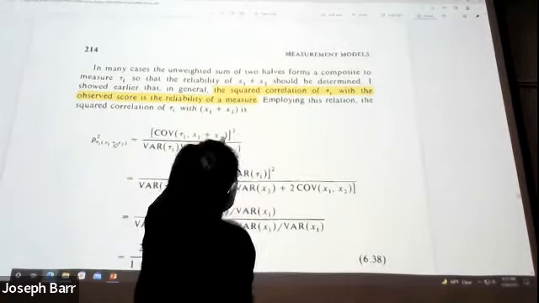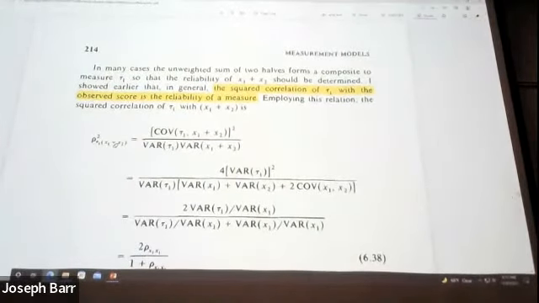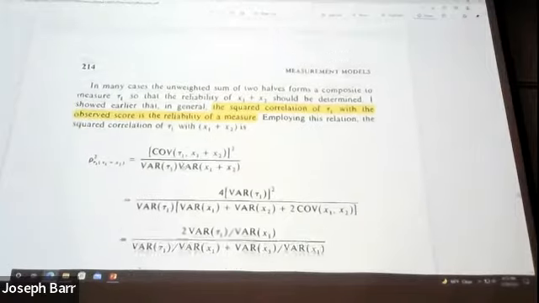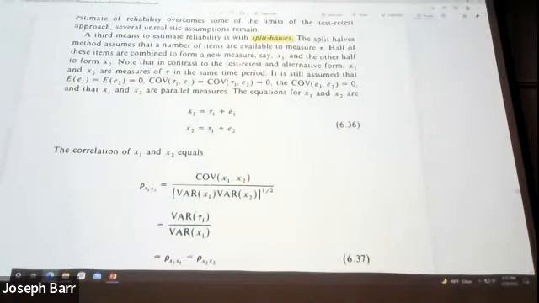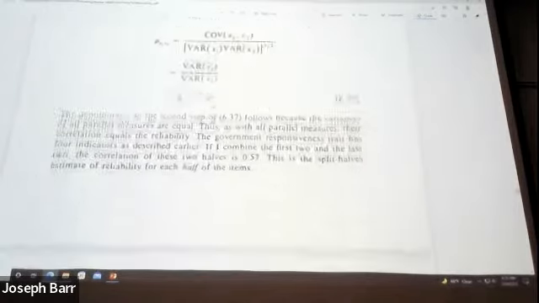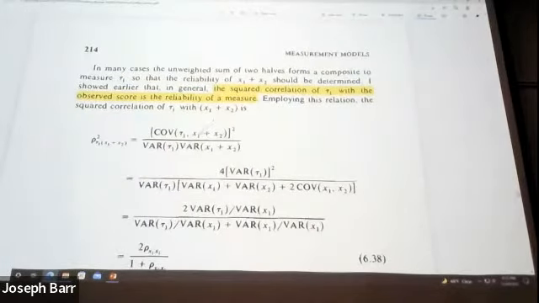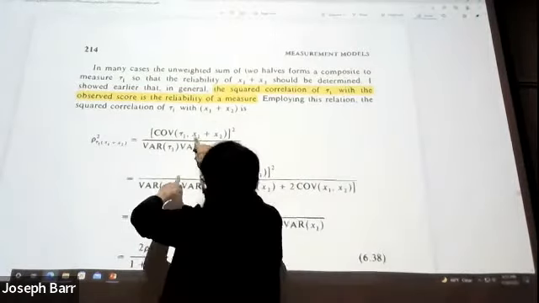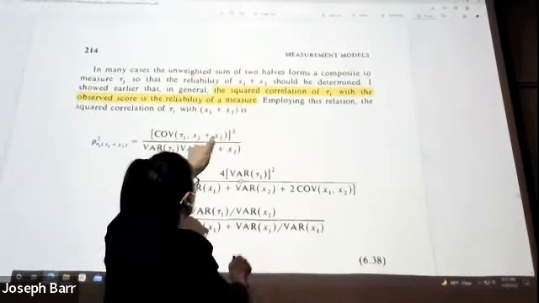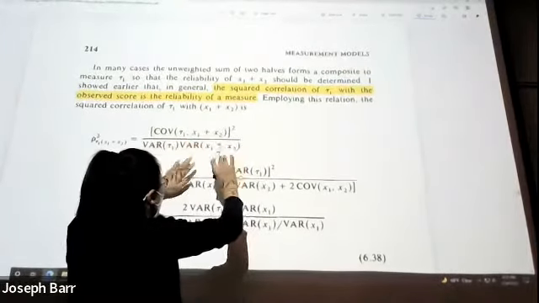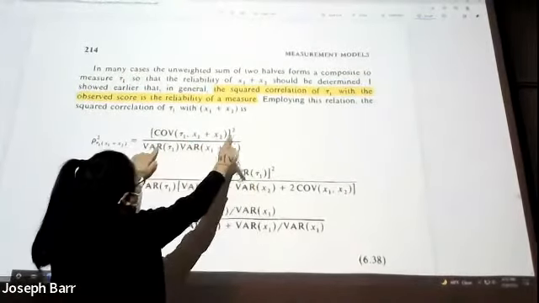For split half, x1, x2 are functions of tau, so we just use the formula here, replace the x1, x2, and do the derivation. So finally we have tau1 here, and we have E1, E2 here, and we divide the other part, squared.